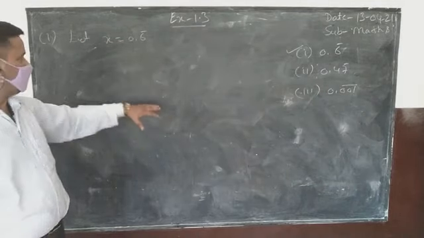10x equals 0.47 bar multiplied by 10. So 10x equals 4.7 bar. This is the second equation, and this one is the first equation.